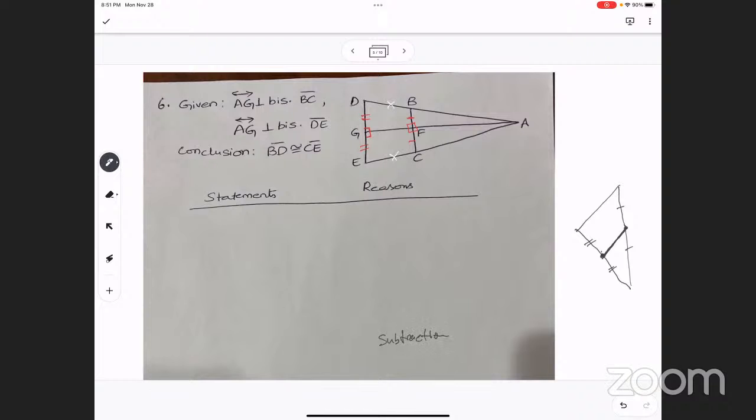So AE is congruent to AD, and AC is congruent to AB, then DB is congruent to EC by the subtraction property. So how are we going to prove that this is congruent to this?